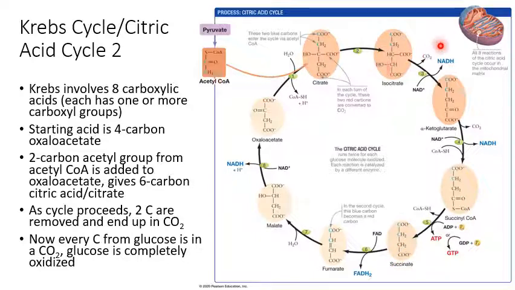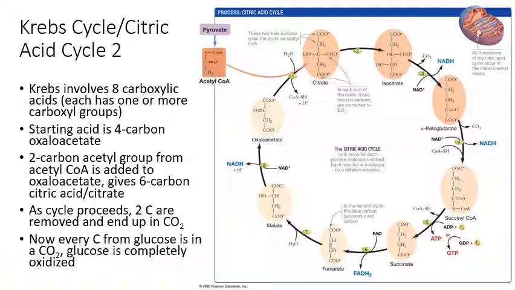So once you take 1 off, then you have 5 carbons left, and that carbon leaves as a carbon dioxide. Then you take another off and you have 4 carbons left. The last carbon leaves as, again, a carbon dioxide. And then as the process continues, you're generating ATP and you're adding electrons to electron carriers.